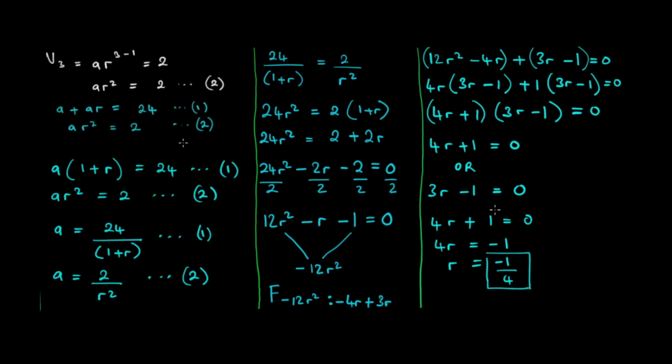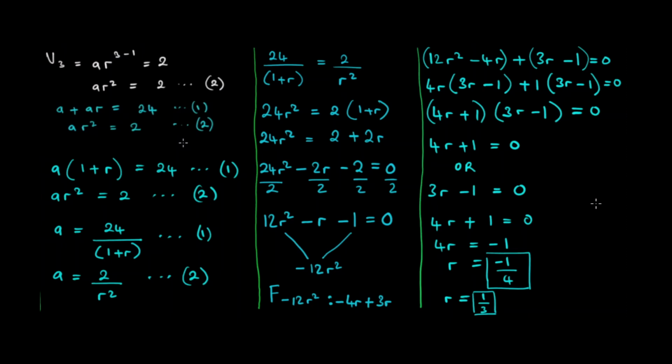This is the r we get from the first equation. Then from the second equation, r will be equal to 1 over 3, because minus 1 moving to the right hand side becomes positive 1. Then we divide both sides by 3. So now we have two values: minus 1 over 4 and 1 over 3.